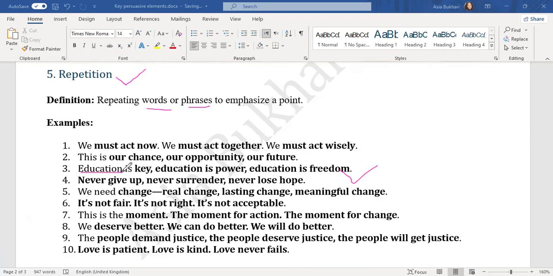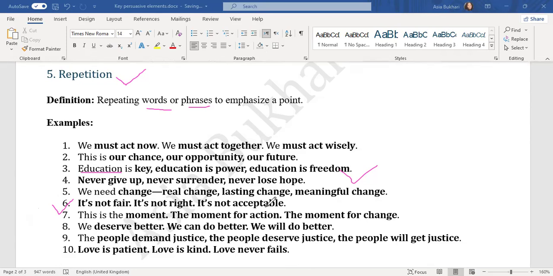And I'm sure that while you are reading these examples, you are really eager to bring them in your writing. You are really impatient to bring them in your writing, and you are really going to appreciate it when you are using these things in your persuasive writing. Look at example number 6. It's not fair. It's not right. It's not acceptable.